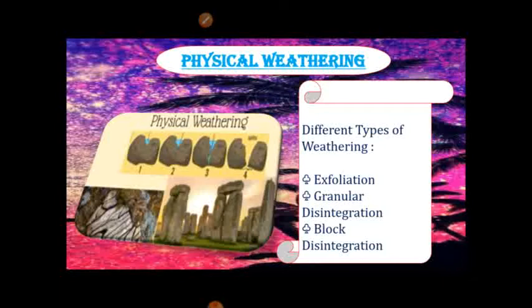Physical weathering. It is a breakdown of rocks without changing their chemical composition through the action of physical forces. The constant freezing and thawing of rocks during the night and the day leads to the expansion and contraction of rocks.